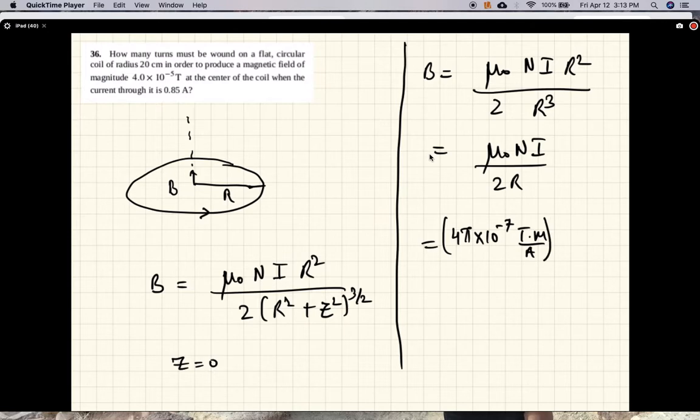N is how many turns would be wound. N is what we're trying to find. Okay, let me back off here a second.